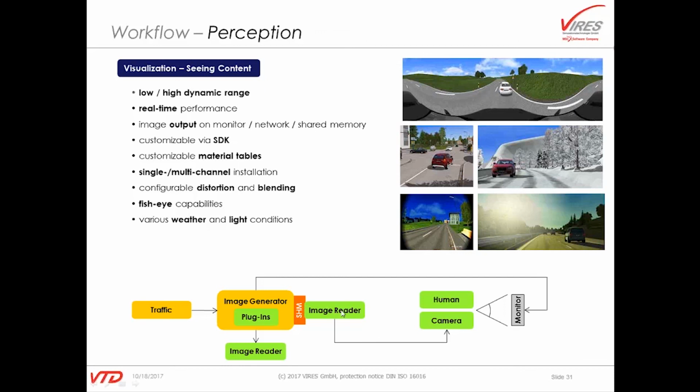You can then tweak them or do a tone mapping or whatever, and then either feed them into your system under test or store these images wherever you want. So there are a couple of means for how you can generate and consume the images. Again, this would be a separate webinar showing all of these features.